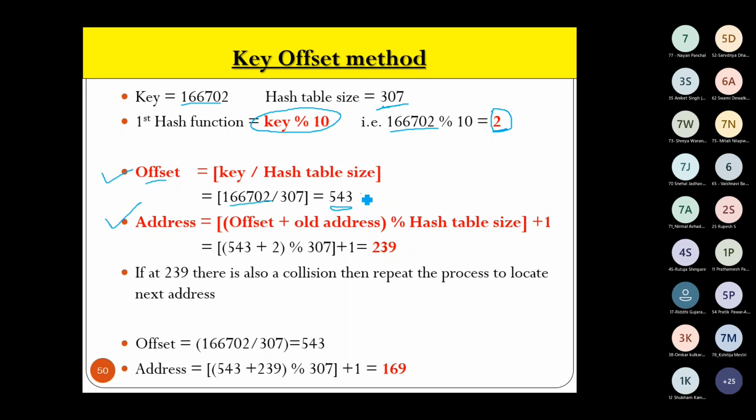This one? Yes or no? 166702 divided by 307. Yes, ma'am.